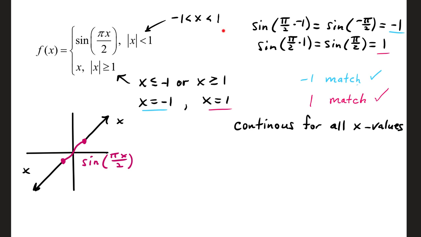The other transition number is +1. Sine of pi over 2 times 1, sine of pi over 2, is equal to +1. In the other piece, if I substitute -1 in for x, it's simply equal to -1. If I substitute +1 into x, it's simply +1. -1, when it's an x value, leads to a y value of -1.